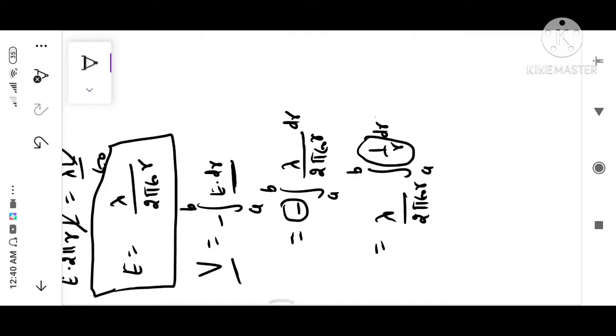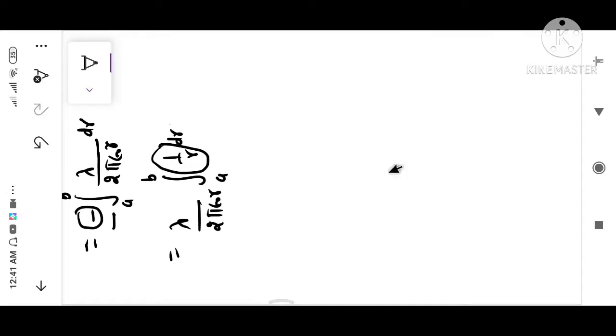So basically you can ignore the negative sign here for the time being. So let me solve this first. So then what you will get? Lambda by 2 pi epsilon naught, and this will give you ln from a to b. When you solve this, you will get potential.